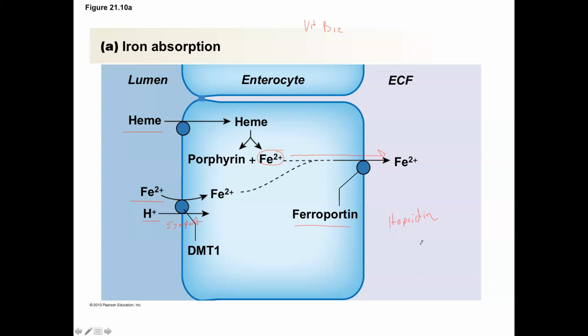It triggers the epithelial cells to destroy the ferroportin transporter. So if we have too much iron, we're going to release hepcidin. It's going to block this transporter, and then obviously that's going to stop the movement of iron until we bring our iron levels back down. So the liver is monitoring how much iron we have, and that will control how much iron we absorb from the GI tract.